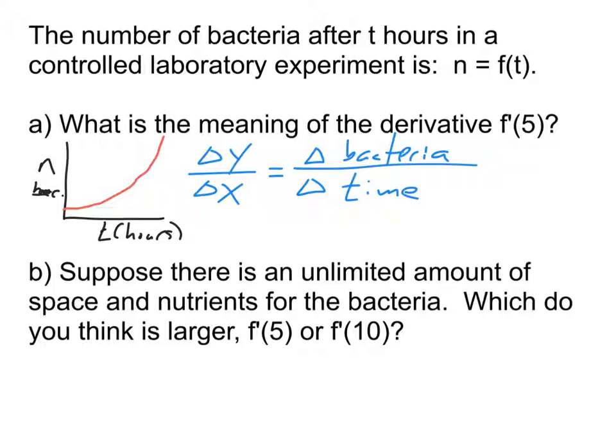So if I'm trying to figure out which is larger, f prime of 5 or f prime of 10, where's the slope the steepest? At 5 or 10? 10. At 10, yep. So I would say that f prime of 10 should be the larger value, because it's where it is growing the quickest, or in other words, where the slope is the steepest.